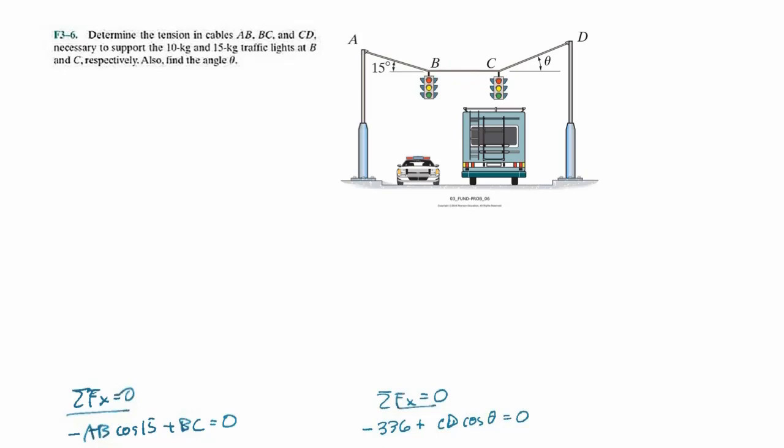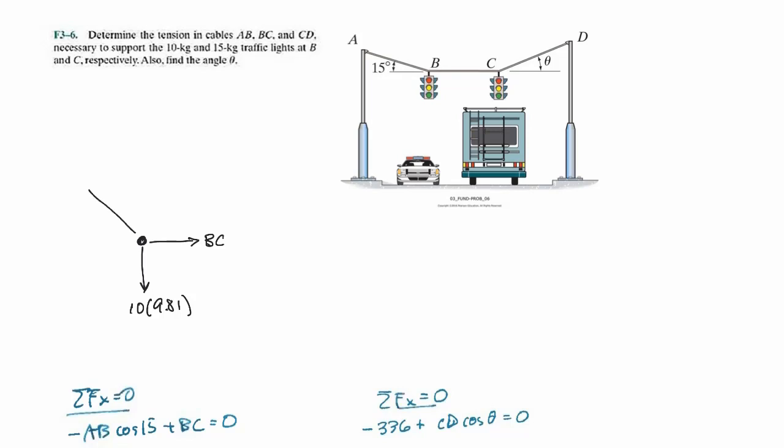All right, so let's draw the free body diagrams and see what we can find. I'm going to draw a free body diagram of point B. So I'm going to say that BC is going this way. I have a traffic light, and that's going to be 10 kilograms times 9.81 meters per second squared, which is gravity in the metric system.